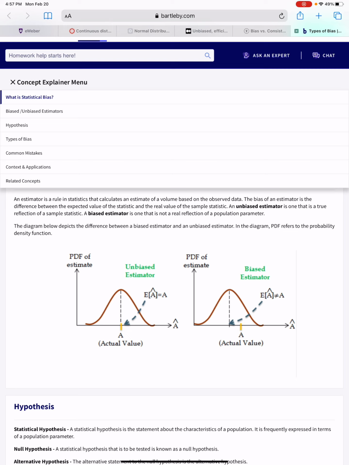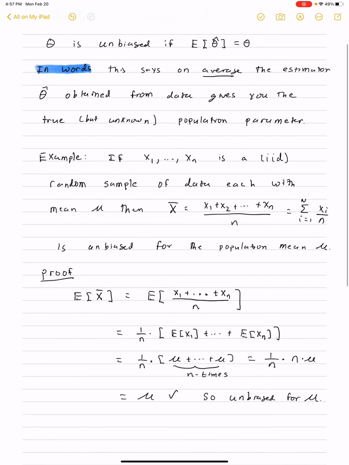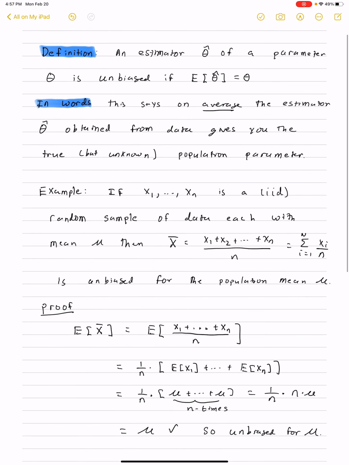Okay. So a couple of different people talking about biased and unbiased estimators, and going back to the direct definition that you will see in this course, which is here. Okay, so that was just a little bit of discussion and example of biased and unbiased estimators.